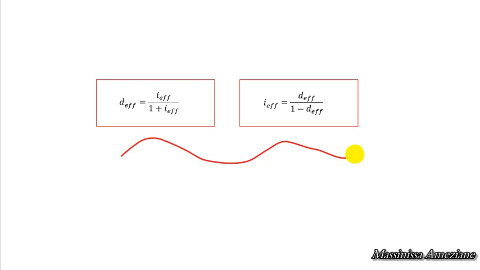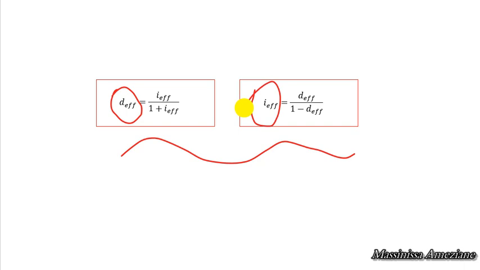We talked about this in the discount video. So the effective discount is the effective interest over 1 plus the effective interest, and the effective interest equals the effective discount divided by 1 minus the effective discount.